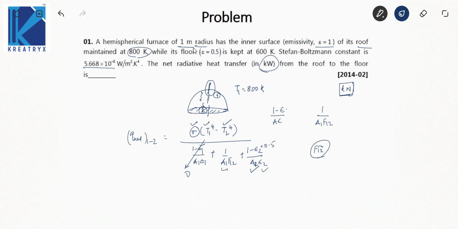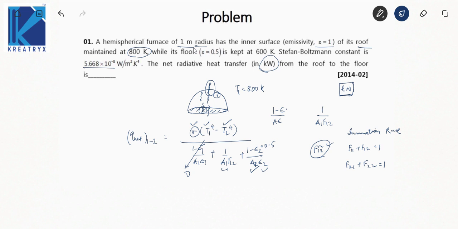Whenever you encounter this type of problem where you have to find F12, F21, F11, F22, we know that we have two rules. One is the summation rule: F11 plus F12 is equal to 1, or F21 plus F22 is equal to 1.